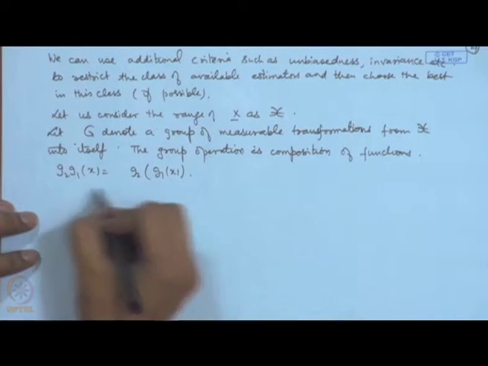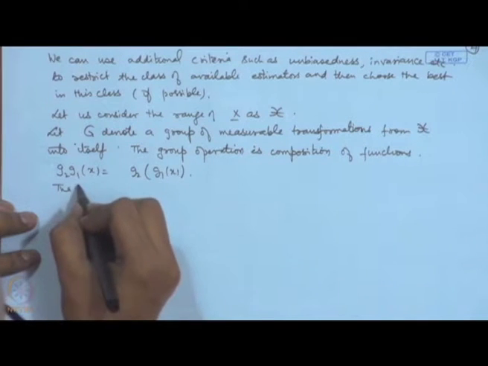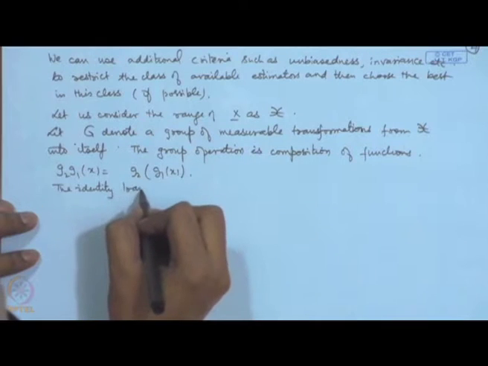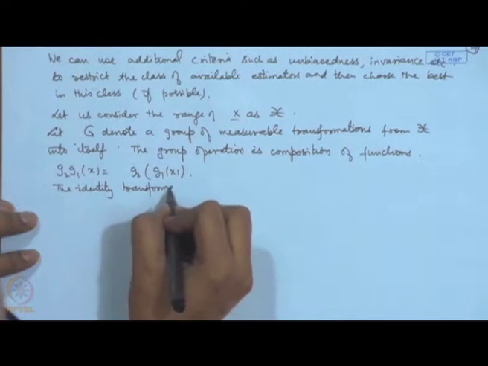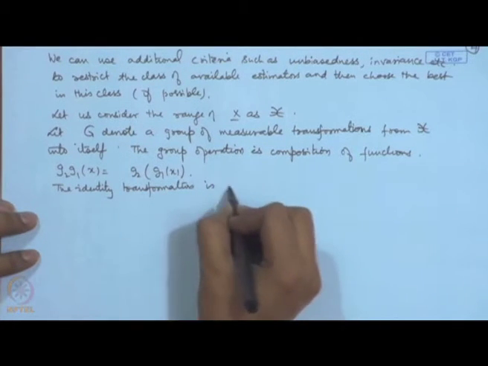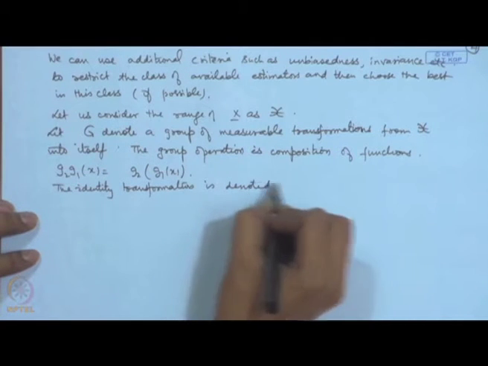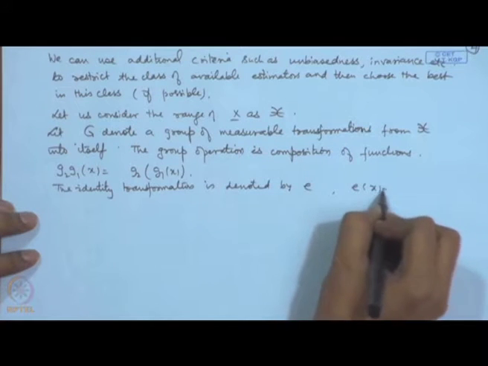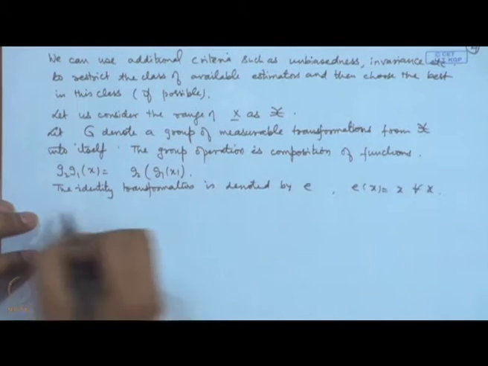And there is an identity if it is a group. The identity transformation is the identity function, denoted by e, that is e(x) is equal to x for all x.